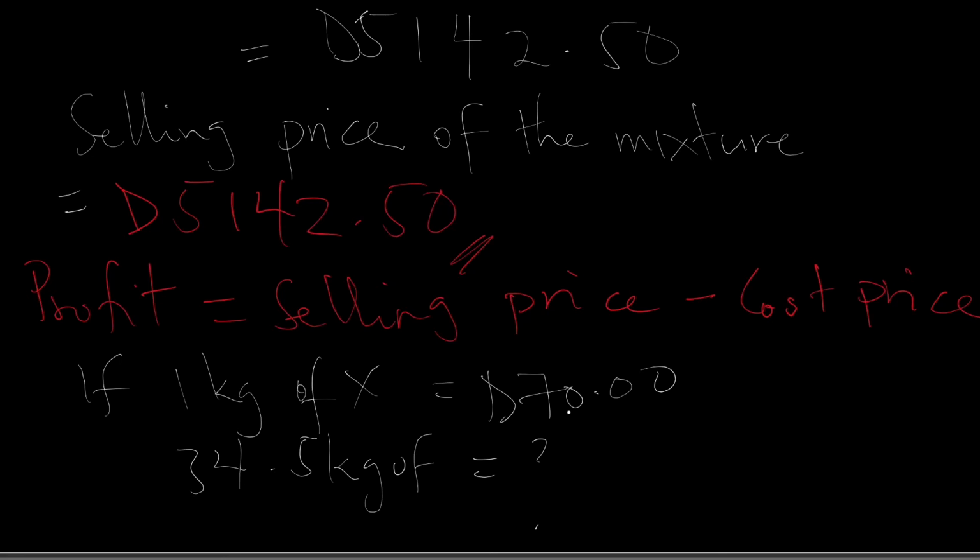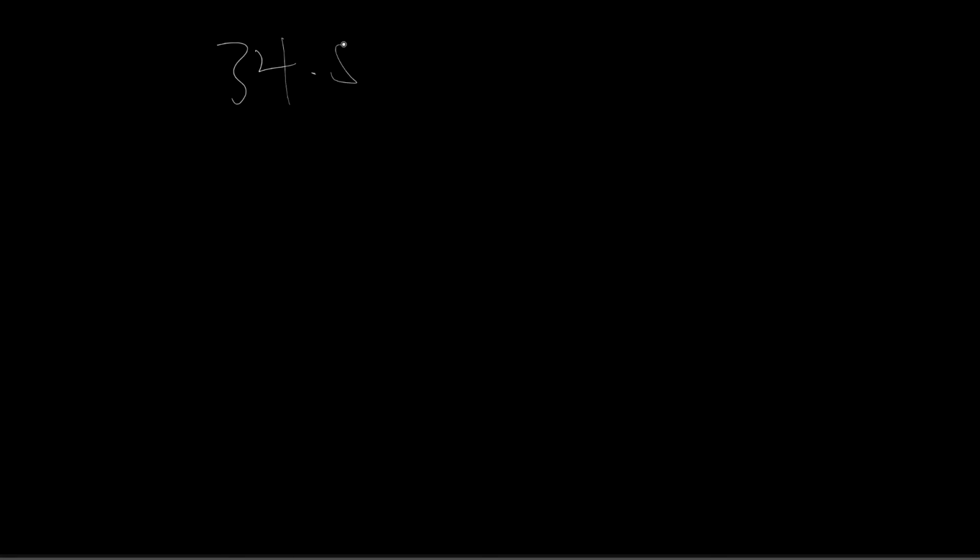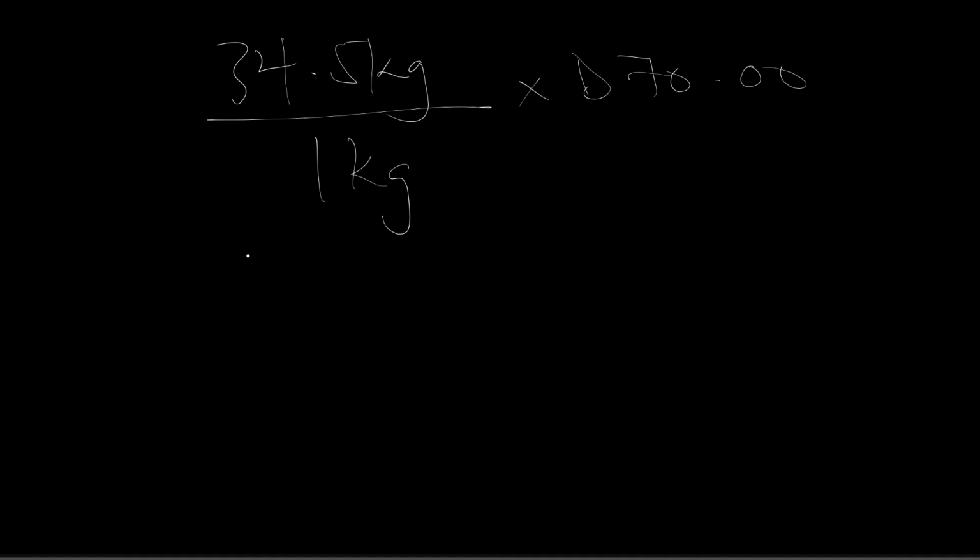We do the same thing here. If more, let's divide. So we have 34.5 kg divided by 1 kg times D70.00. Kilogram cancels kilogram. This should give us D2415.00.